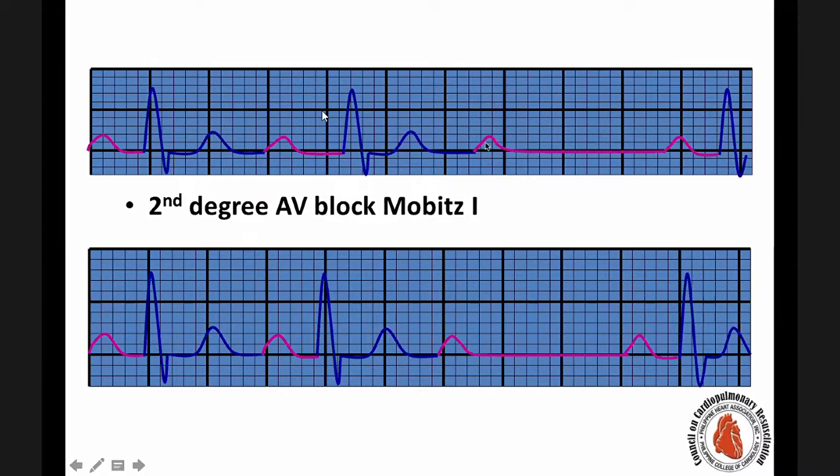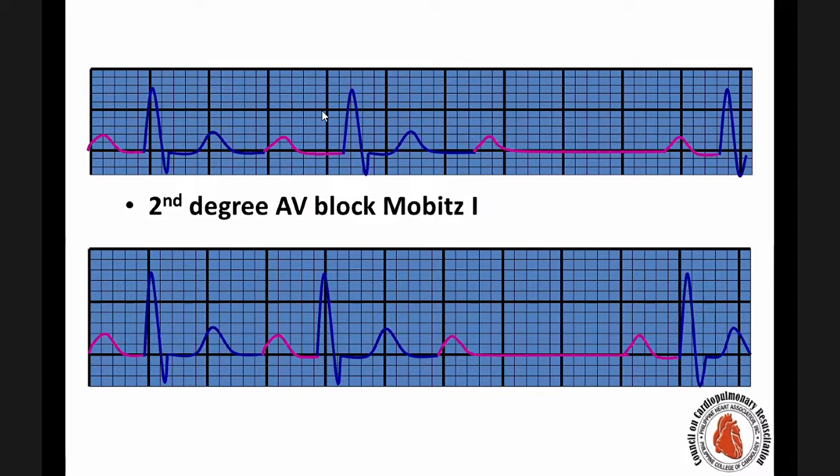So from the drop beat, you look at the PR interval before the drop beat and the PR interval after the drop beat. Because if the PR interval is different, okay, this is longer, this is a little bit shorter, but they have a different PR interval, then that's a second degree AV block type 1 or Mobitz type 1, okay, or Wenckebach.